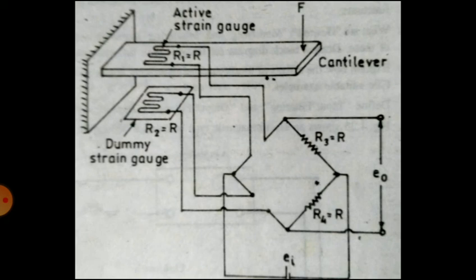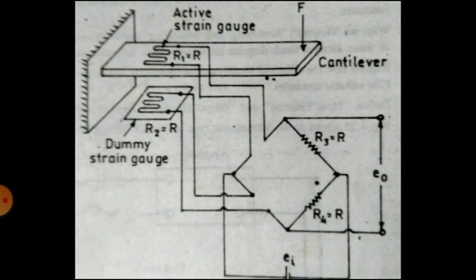Now, if the active and dummy gauges are identical, then R1 equals R2 equals R. And if the dummy gauge is placed in the same environment as the active strain gauge, delta R1 equals delta R2. So the change in resistance due to temperature change, even when no strain is applied, will be equal.